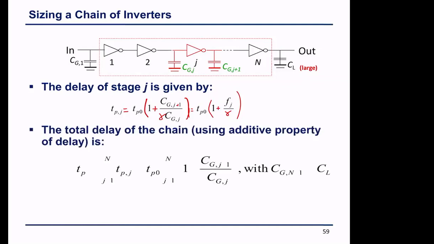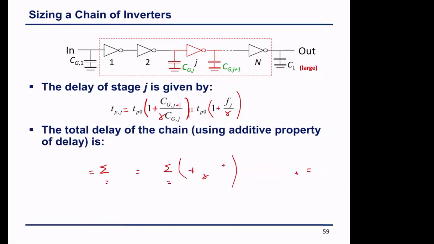So the total delay when using the chain, excuse the iPad, is the summation from J equal 1 of TPJ, which is TP0 times the summation from J equal 1 to n of 1 plus CGJ plus 1 over gamma CGJ, and CG n plus 1 is the load. So we took TP0 outside, and I am left with the expression 1 plus CGJ plus 1 over gamma times CGJ. Let us see how I can minimize the delay.